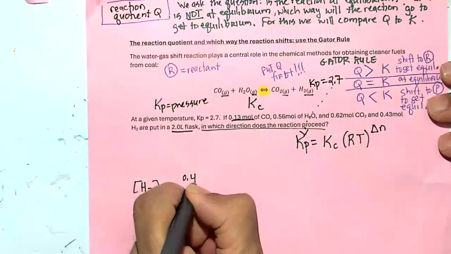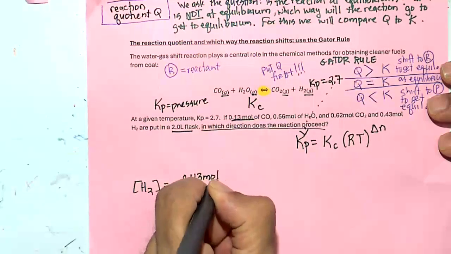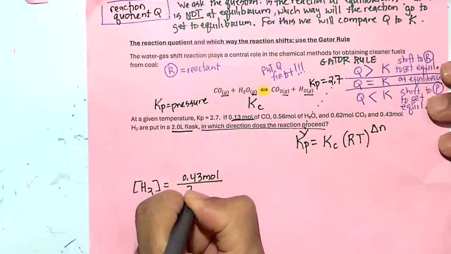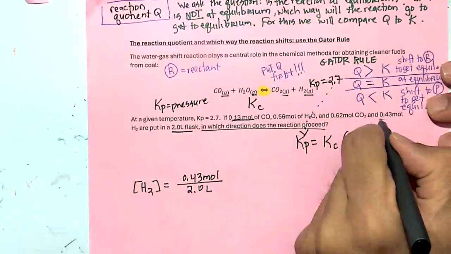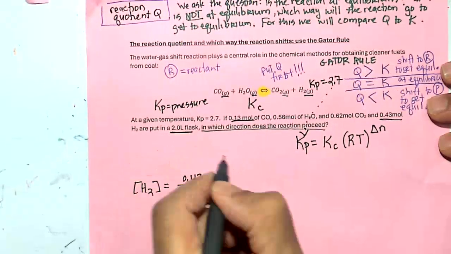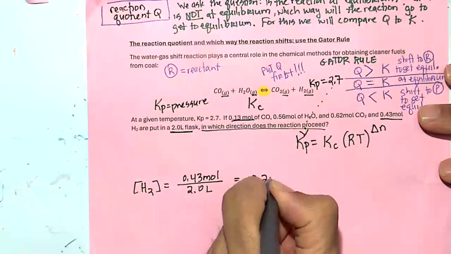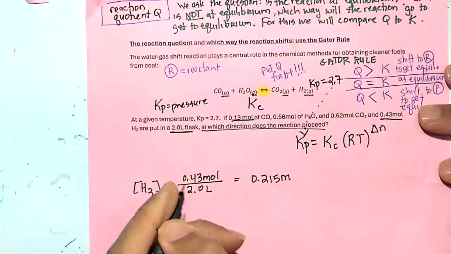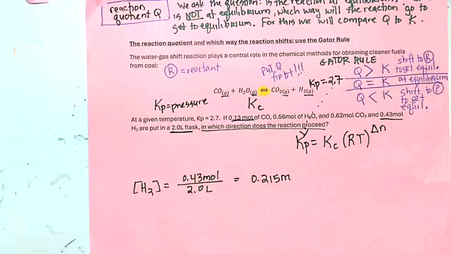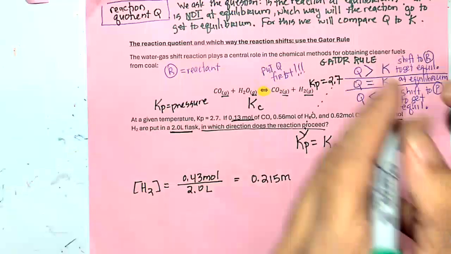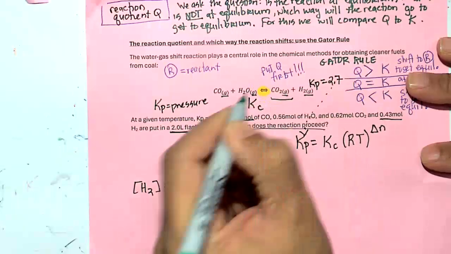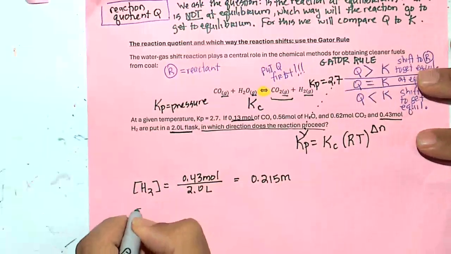Concentration of H2 is 0.43 moles divided by 2 liters. Okay, 0.43 moles divided by 2 liters is 0.215 molar. Let's do the concentration of CO2, a product.